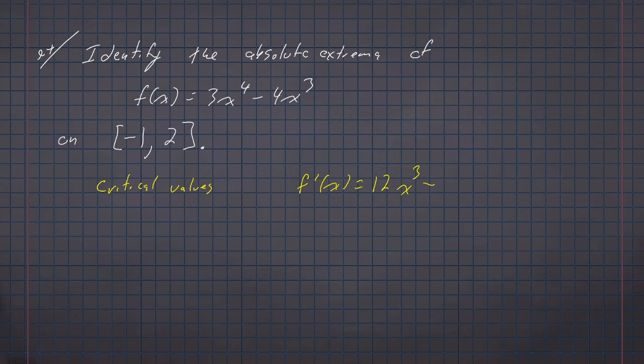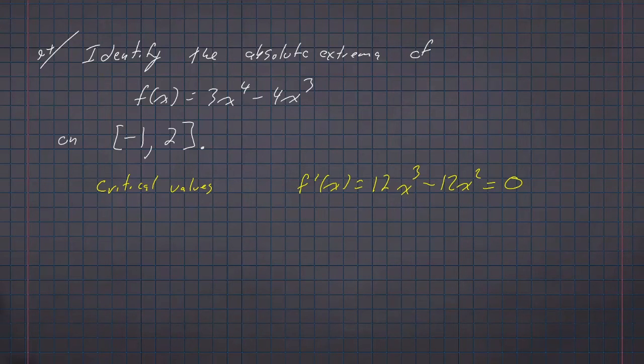Derivative of 4x cubed. Derivative of x cubed is 3x squared. Multiply that by 4, we get 12x squared. Right? This is a polynomial function. Polynomial functions are never undefined, so we can just look at where this thing is equal to 0.